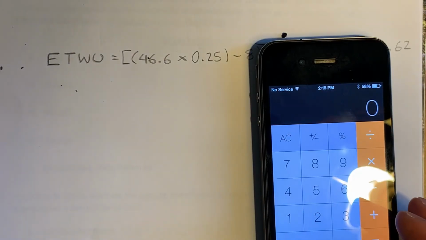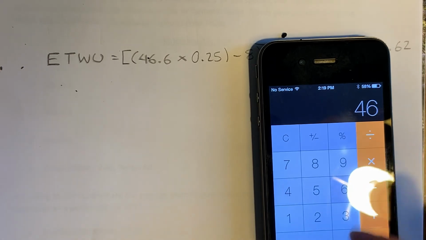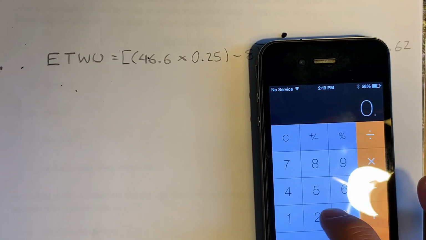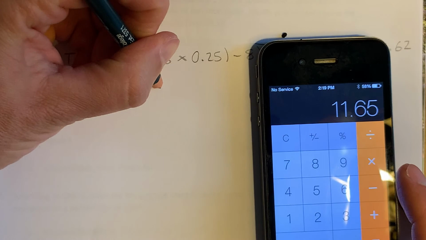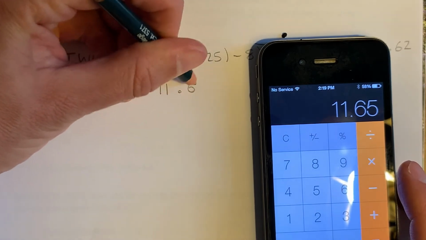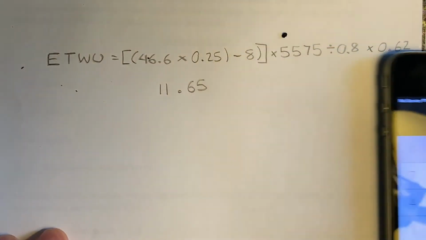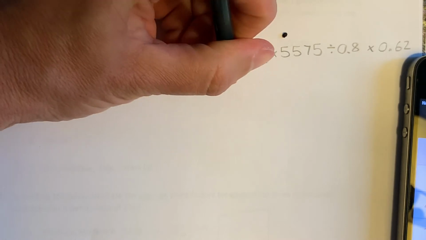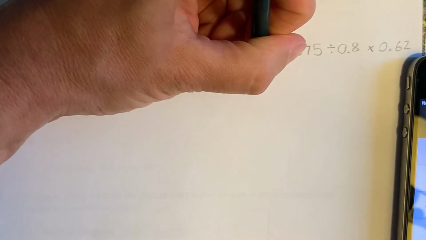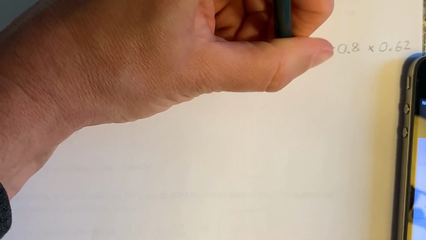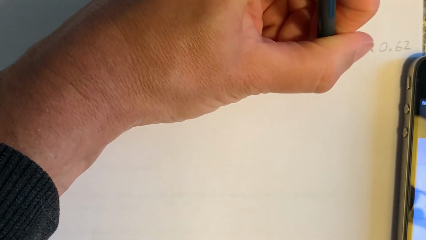Following our order of operations, we multiply our ETo times our plant factor and then we fill the rest in.